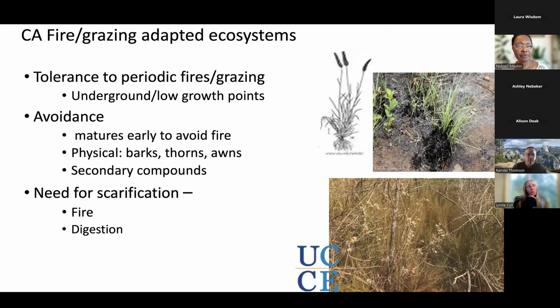They evolved with fire, so they have tolerance for periodic fire, and it depends on the ecosystems you're talking about. Some examples that show us these ecosystems are fire adaptable are plants that have underground or low growth points, especially the grasses, so the fire can come and pass through, and they can still survive and continue to grow in the future.